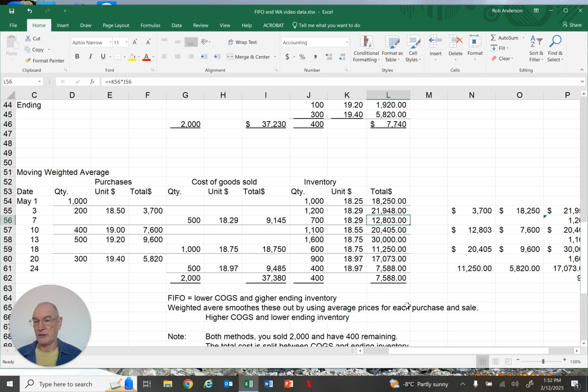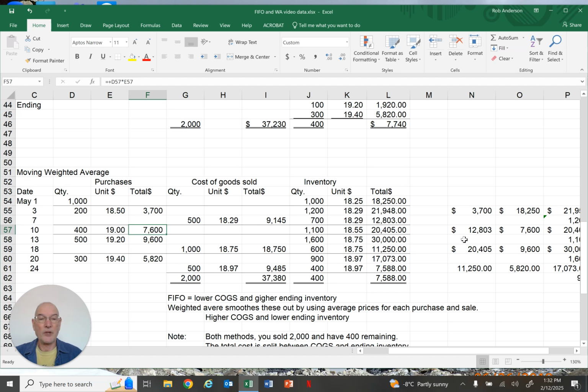Now, the next 2 transactions under moving weighted average are both a purchase. But I'm going to show you one at a time. So here's our May 10 purchase of 400 units at $19 for a cost of $7,600. So we want to find out the average cost.